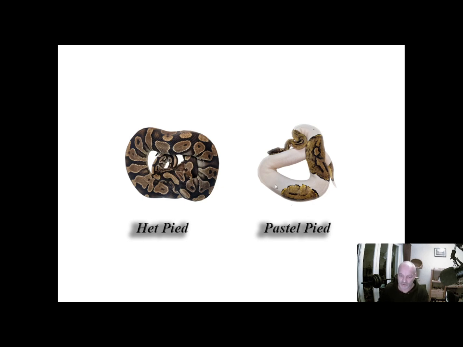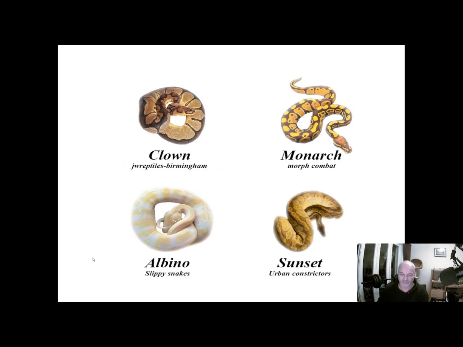In order to produce that animal, you either need two piebalds or 100% het piebalds, and we'll go a little bit more into that in a minute. Common recessives are things like clown, monarch, albino and sunset, and like we said, pied.